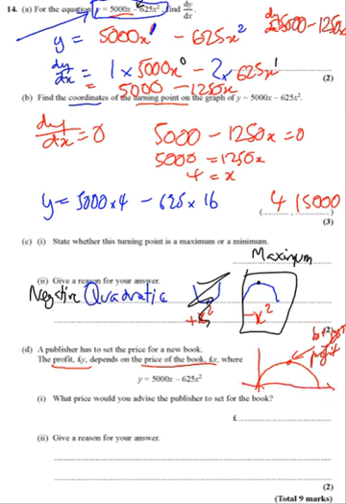But there's the price X, and there's the profit Y. And so we need to know the price value that gives us the highest profit. Well, that was given at the turning point. If we go back to the answer for part B, we can see that when X is 4, we had the highest possible profit. So that means £4 gives us the maximum profit.